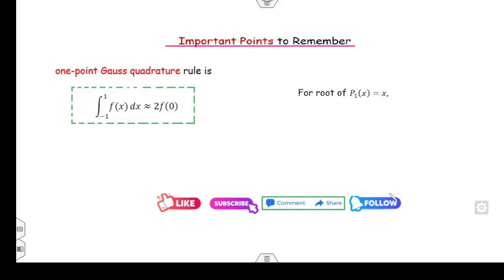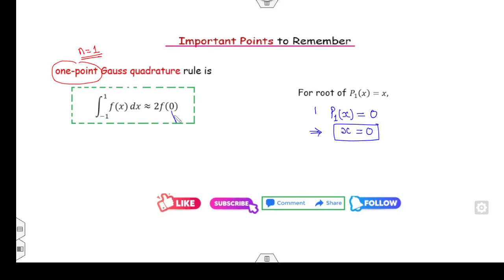For example, once you are talking about the 1-point quadrature formula, that means n is 1. Once n is 1, p1 is equal to x. So can you find the roots of p1? For finding the roots, we set it to 0, that means x will be 0.